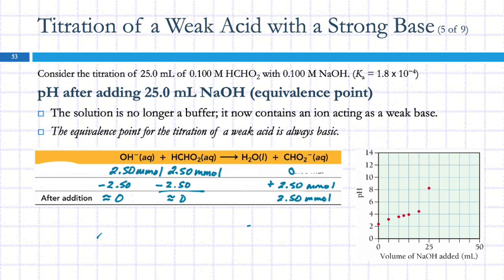So now we have a solution containing the conjugate base of a weak acid. That is an ion that acts as a weak base. So we're not going to be using acid ionization constants anymore. We're going to look at the base.